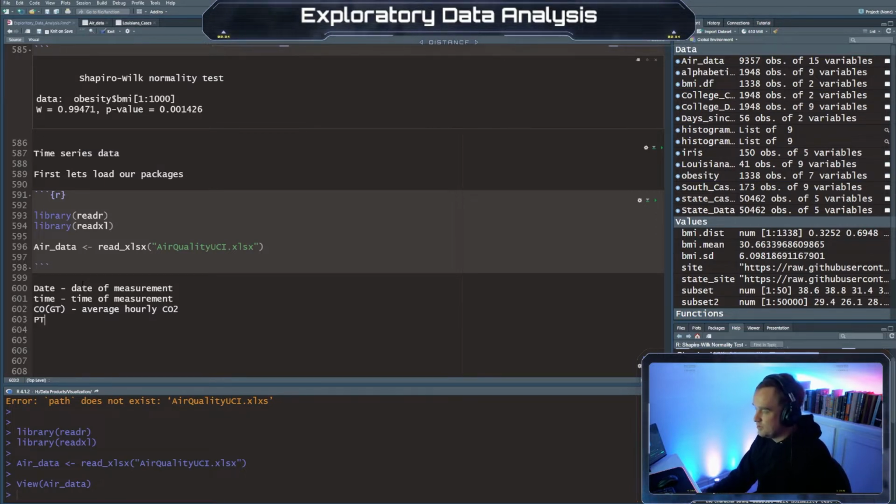The PT08.S1 CO, that is tin oxide hourly average sensor response. Then we have NMHC, the average hourly non-metallic hydrocarbon concentration.